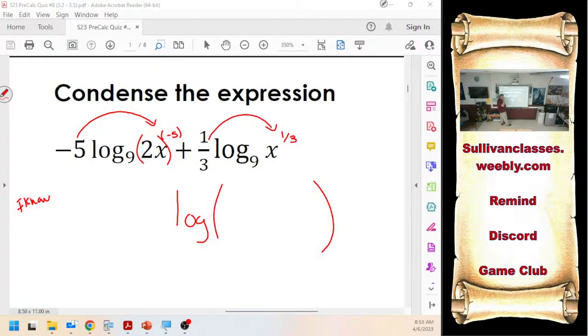So x to the 1/3. What is that? Cube root of x. And it happens to be positive, so cube root of x goes upstairs. Because this is negative, that means it'll head downstairs. Also, if I just rearrange this into 1/3 log base 9 of x minus 5.